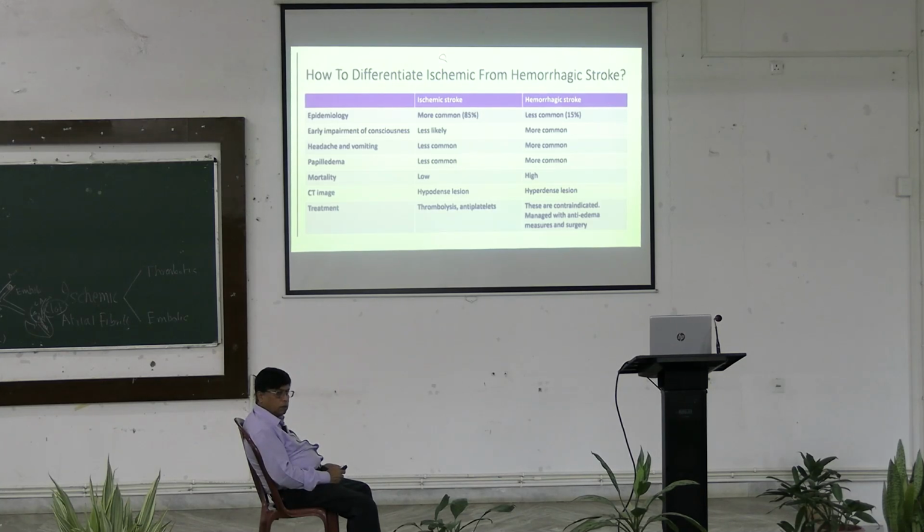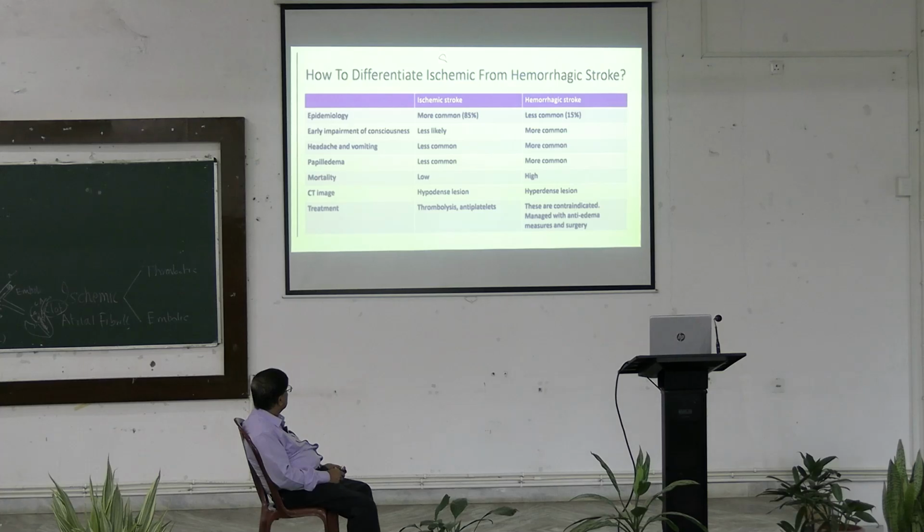There are medications which can dissolve this clot. But in hemorrhage, never give thrombolytic drugs, because there will be more hemorrhage. Thrombolytic drugs are contraindicated in hemorrhage.